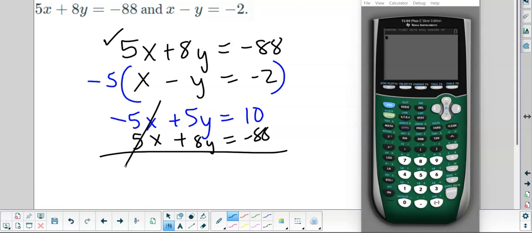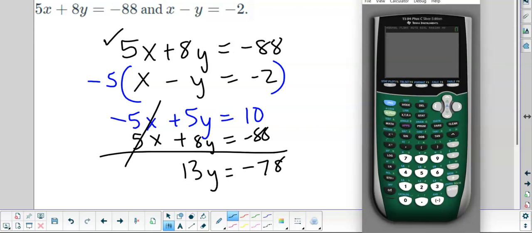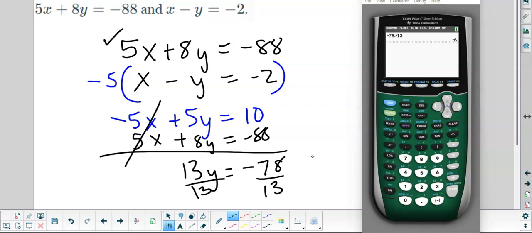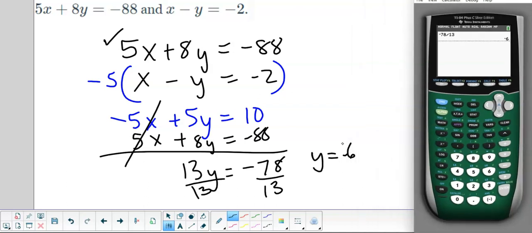There's my elimination. I get 13y equals negative 78. Divide both sides by 13, and I get y is equal to negative 6. Since y is equal to negative 6, now I simply substitute this value into either one of these sentences.